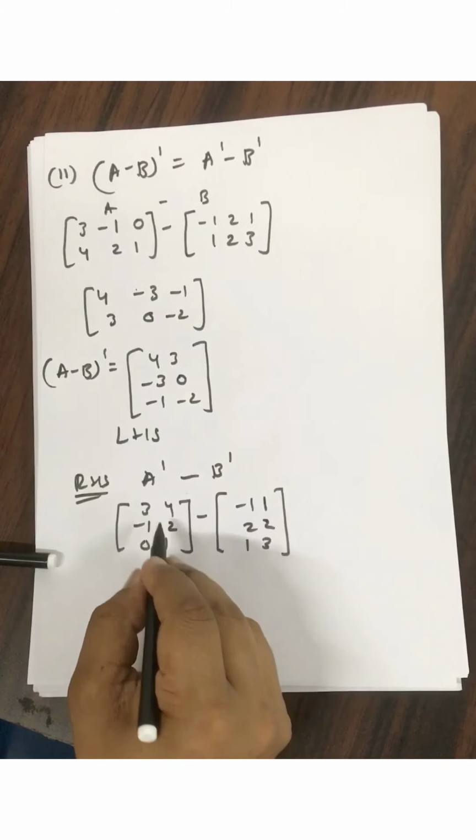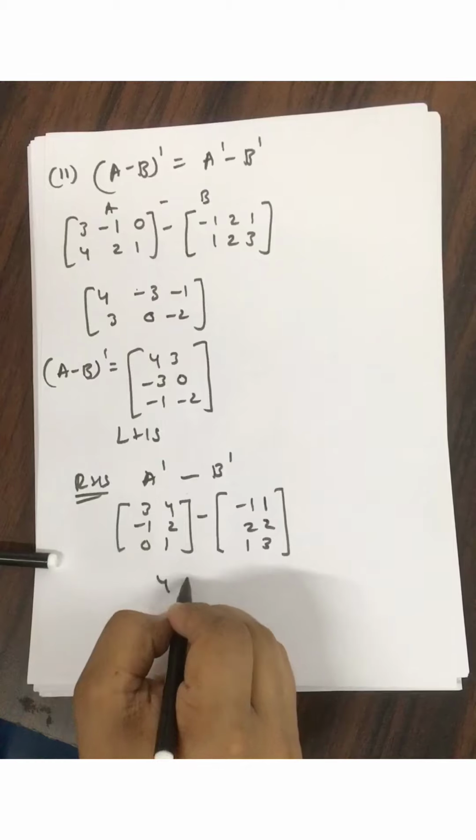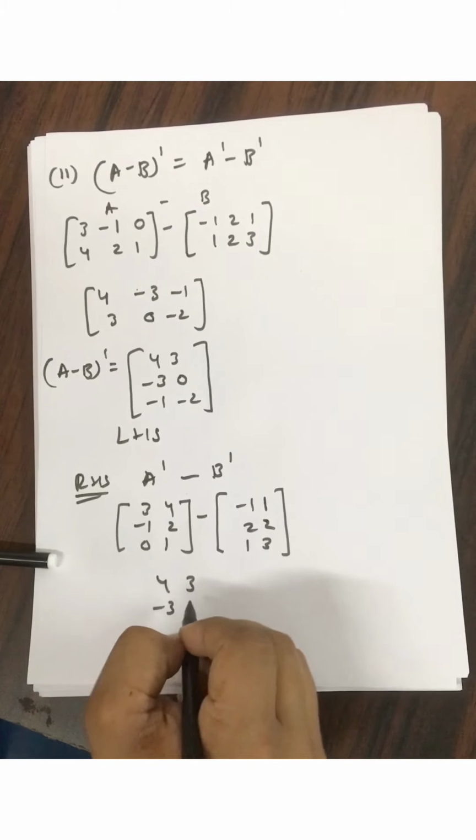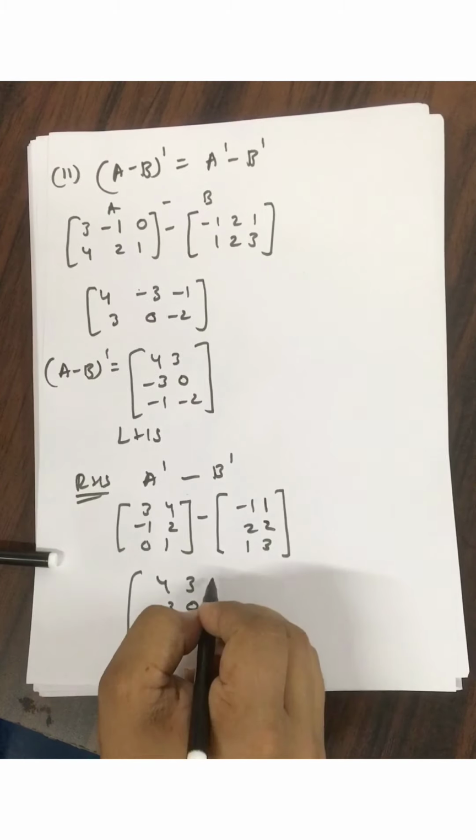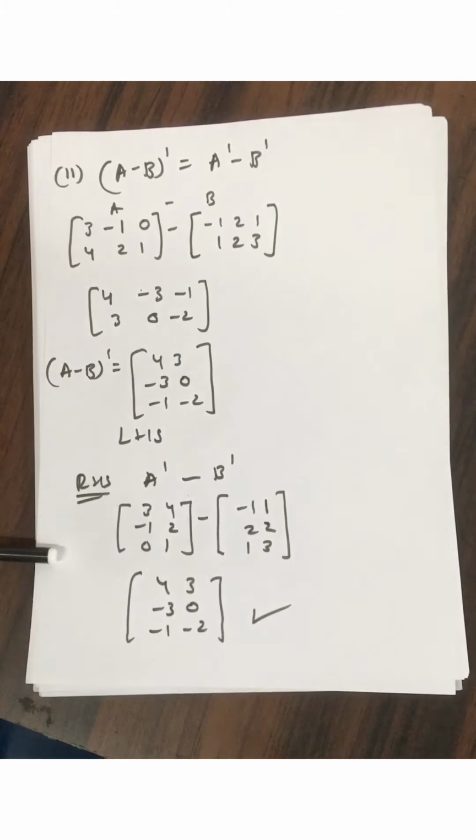Subtract, how much will this come? 3 minus 1, this will come 4 3, and this will come minus 3, this will come 0 minus 1 minus 2. Okay, got it, very good. So this is the way how we prove LHS or transpose. Okay, difference. Let's move on.